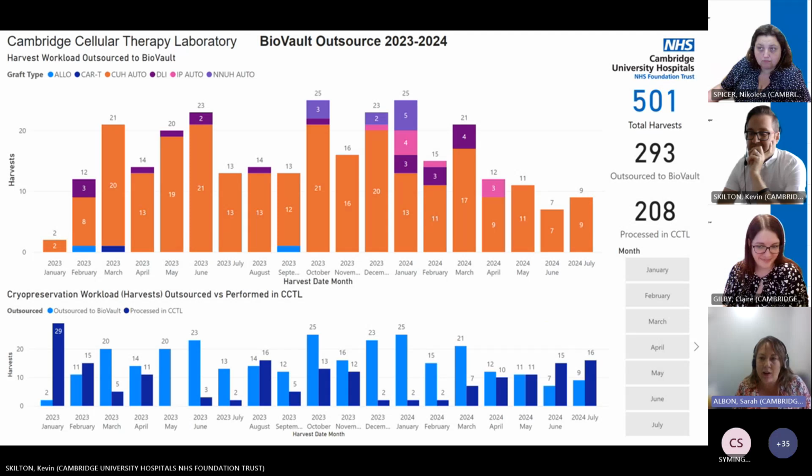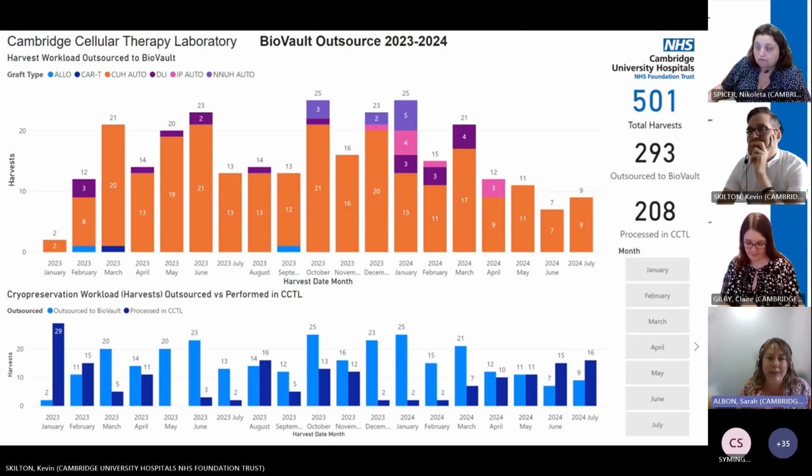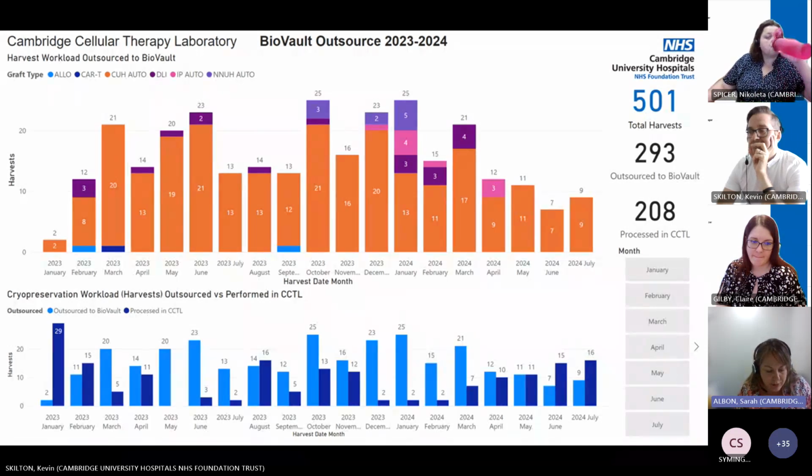Okay, so the next slides are quite data heavy, so I'll try and summarize for you. This slide is depicting the numbers of products we sent to BioVault to be processed over the course of 2023 and 2024. We can see that there's an increase in that outsourcing, a plateau, and then it's gradually declining across all of the tissue types.